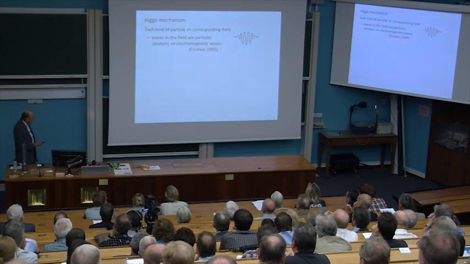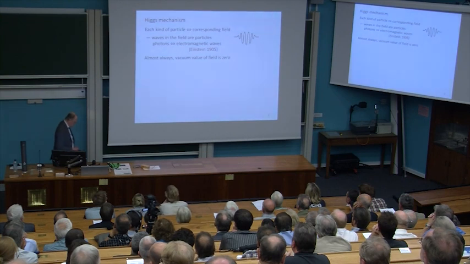Now, in most cases, the sort of normal average value of the field, the equilibrium value, if you like, is zero. The field just is zero, and you have oscillations about zero, which constitute the particles. But the Higgs field is a very unusual one.